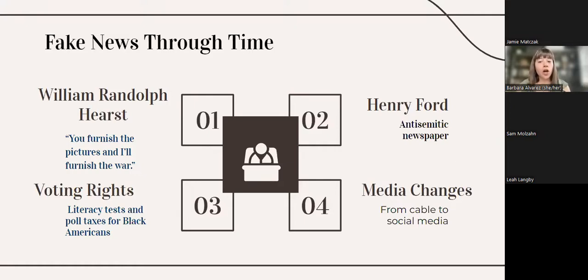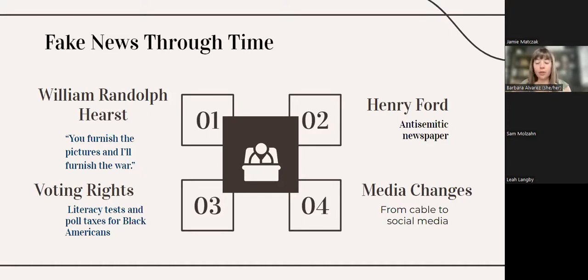And now we've seen in the past how it can be done with newspapers, but we've had a lot of media changes since then. The radio certainly impacted things, but cable is when things really took off, and we could have 24-hour cable channels. And now we have social media, which is 24/7.